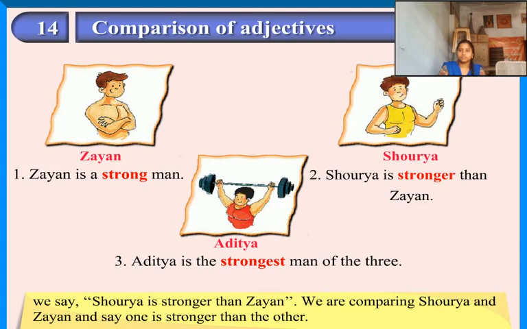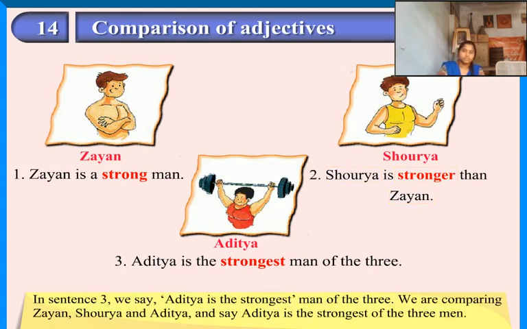We are comparing Shaurya and Zayan and say one is stronger than the other. In sentence 3 we say, Aditya is the strongest man of the three. We are comparing Zayan, Shaurya and Aditya and say, Aditya is the strongest of the three men.